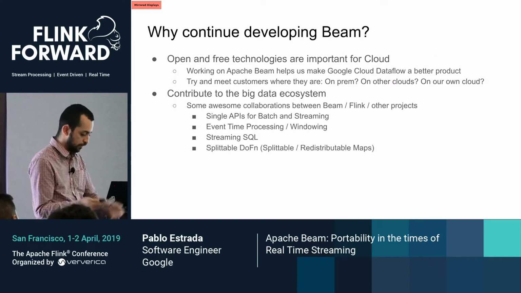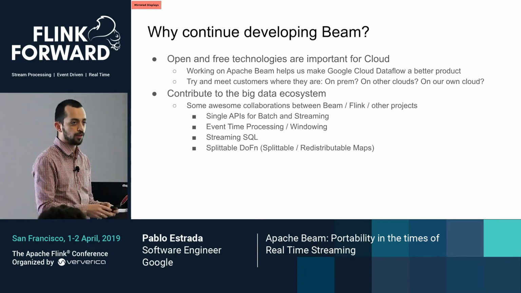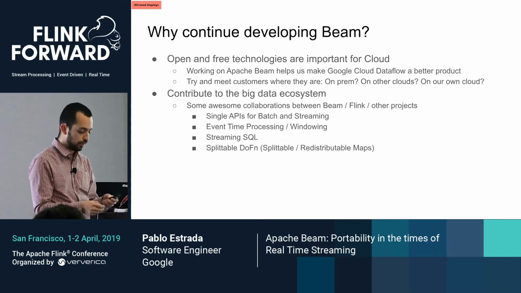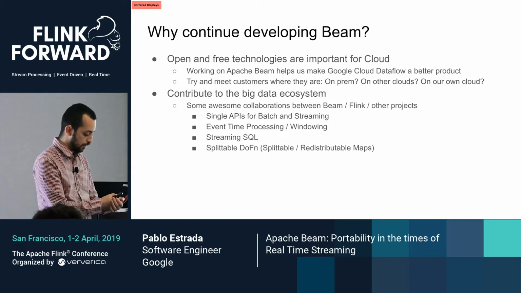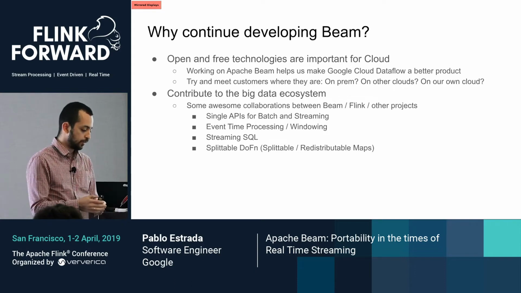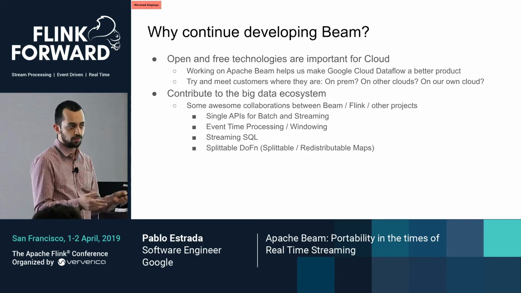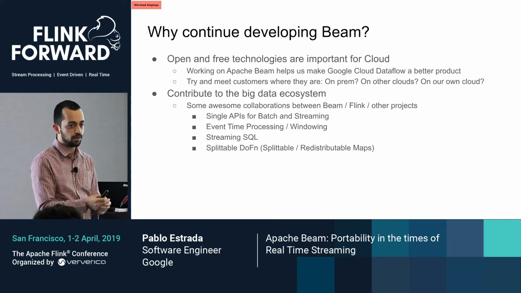And so then you might wonder, why do you guys at Google develop this open source thing if you have your cloud service? I think the reason that we invest in this is, on the one hand, it helps us make Cloud Dataflow, which is the managed service for batch and streaming at Google, a better product and meet our customers where they are.